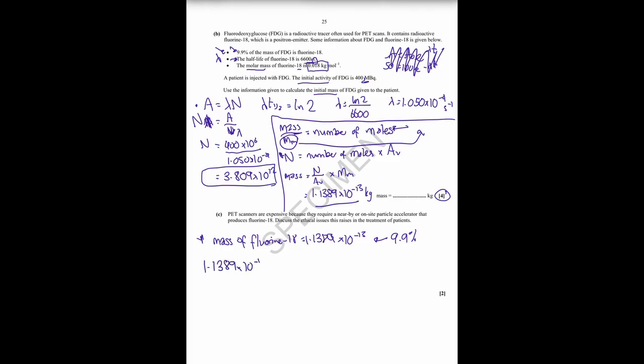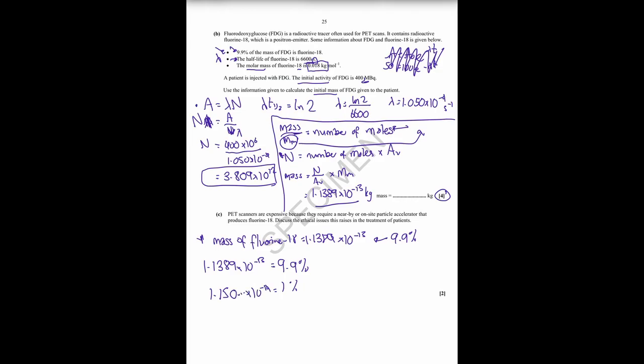1.1389 times 10 to the minus 13 is equal to 9.9%. Well, then in order to get 1% of that, I'm just going to divide by 9.9. So I'm just putting this in my calculator now because I can't do this in my head. So I know therefore that 1% is going to be equal to 1.150 blah blah blah times 10 to the minus 14.